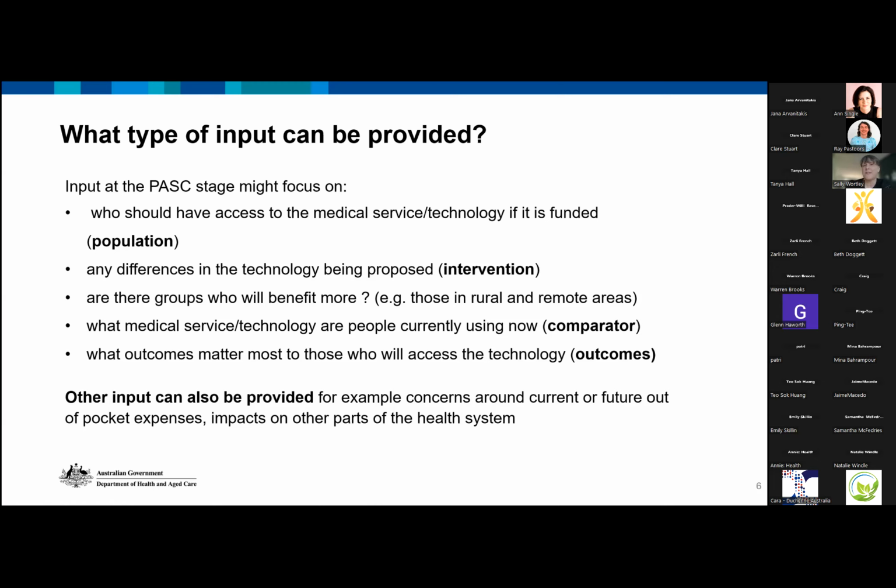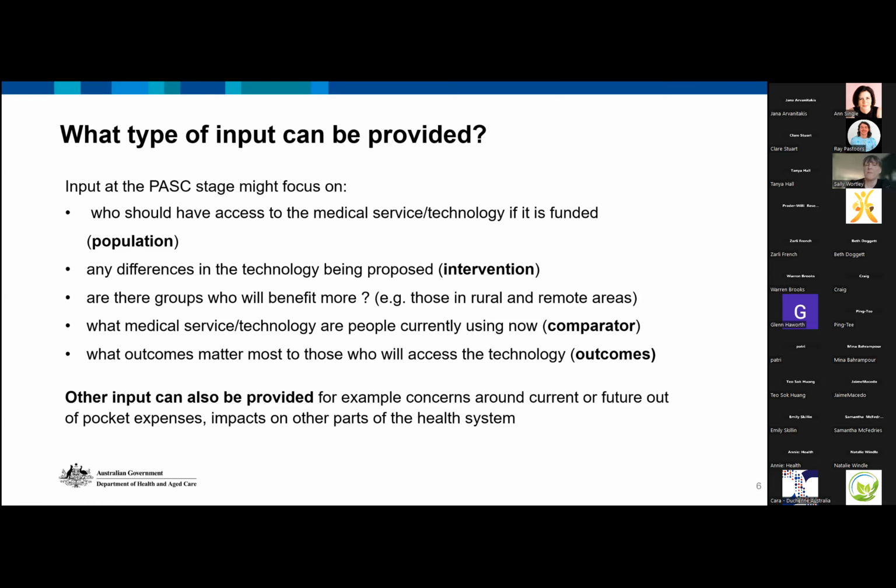Are there any differences in the technology that's being proposed? So the intervention in the application form, for example, is it a new technology? Do you know of other newer technologies that are coming along on the horizon? What medical services and technologies are people using now? So this idea about the comparator.